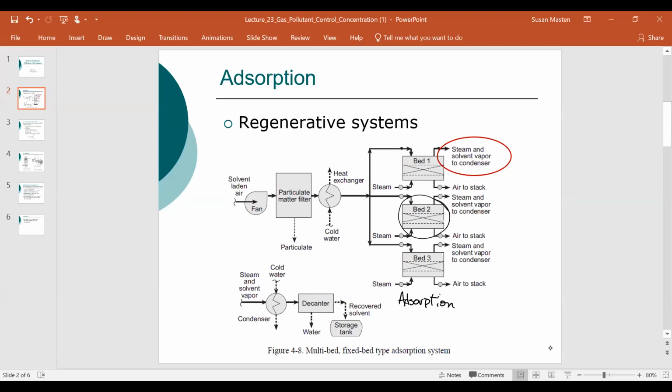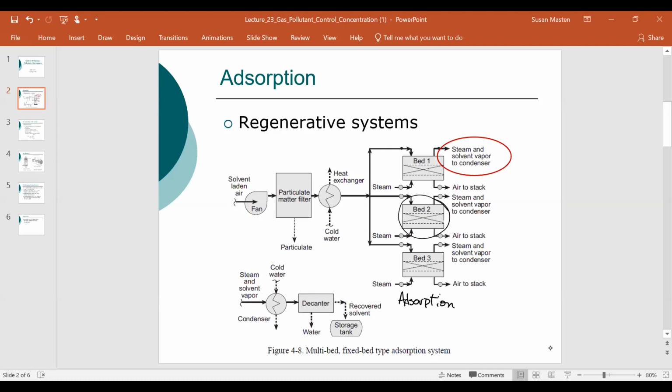And often that is done with steam. So what you end up with is a concentrated gas stream of whatever you have been removing in this adsorption column. Now, in many cases, that material is valuable.